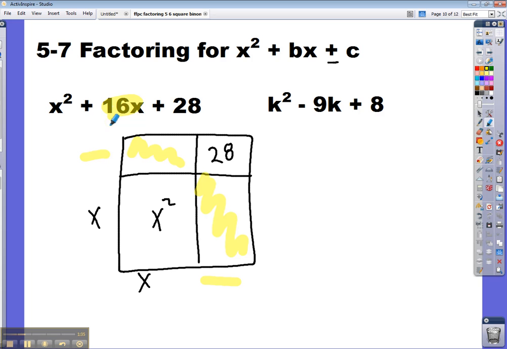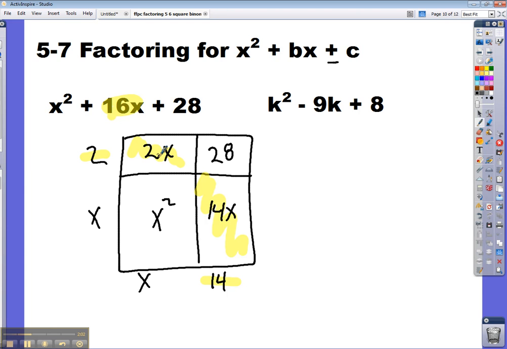So let's try to figure this out. What two numbers multiplied together equal 28? 14 and 2. So let's say the length from here to here is 14. This length here is 2. So 14 times x is 14x. X times 2 is 2x. 2x plus 14x is 16x. We are in good shape.